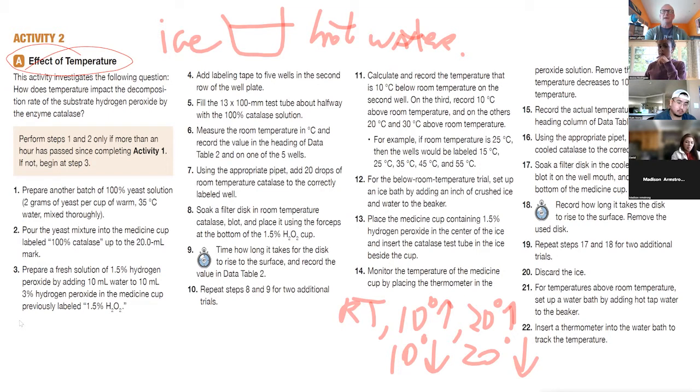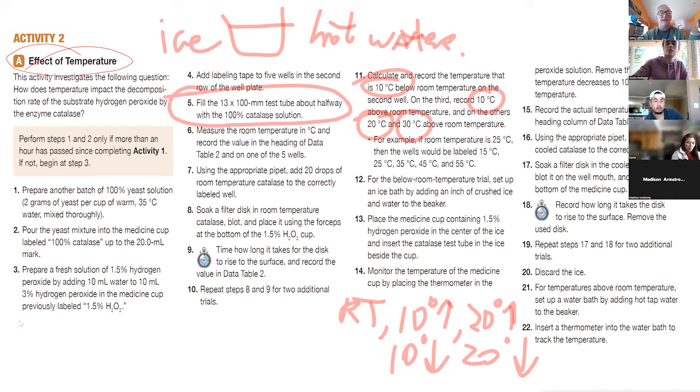Actually, what do we have? 10 degrees below, 10 degrees above, 20 degrees above, and 30 degrees above. Ooh, hot, hot, hot. So it's important to measure your room temperature. And then we're going to be doing each of those 3 times as well. And we're using 100% catalase for each one of those. So we won't be diluting the catalase this time. So each one we're using 100%.